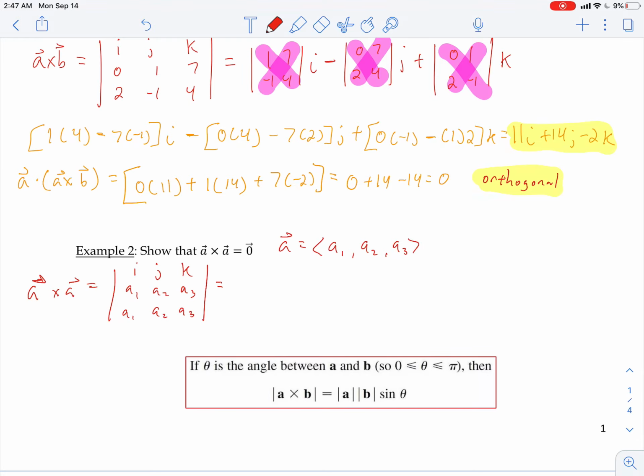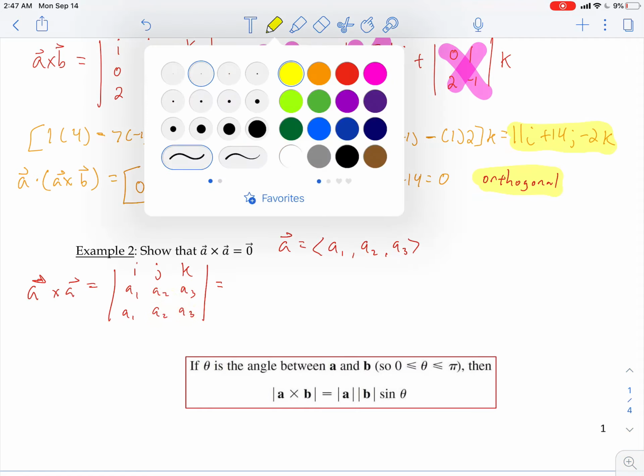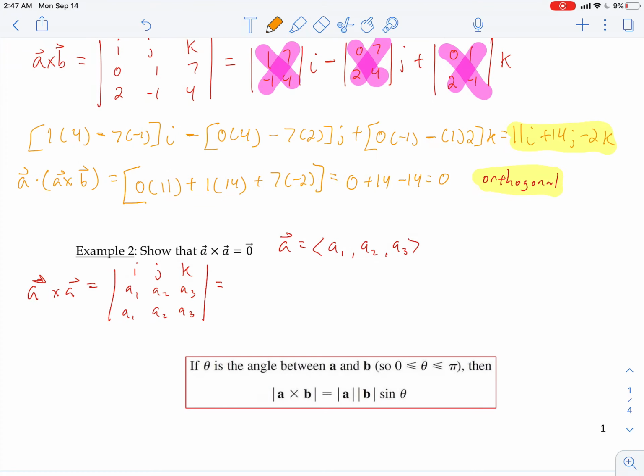So for i, I'm going to cross A sub 2 and A sub 3 and A sub 2 and A sub 3. And so I'm going to get A sub 2 times A sub 3 minus A sub 3 times A sub 2.